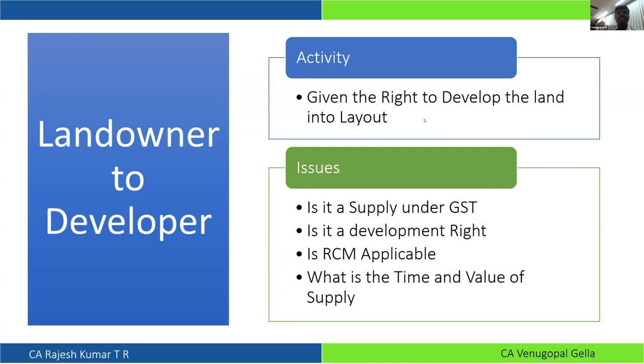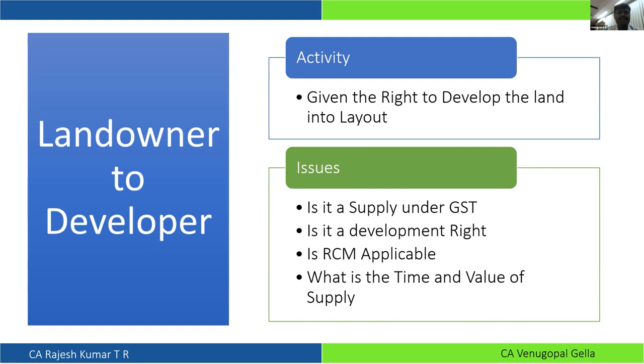Next, is the activity of giving a right by the landowner to the developer the same supply envisaged? With the new notification, after 3/2019, there is no levy on the landowner at all in any of the activities.